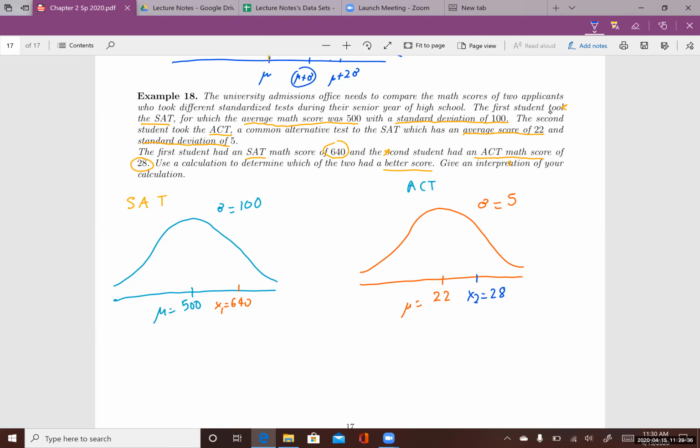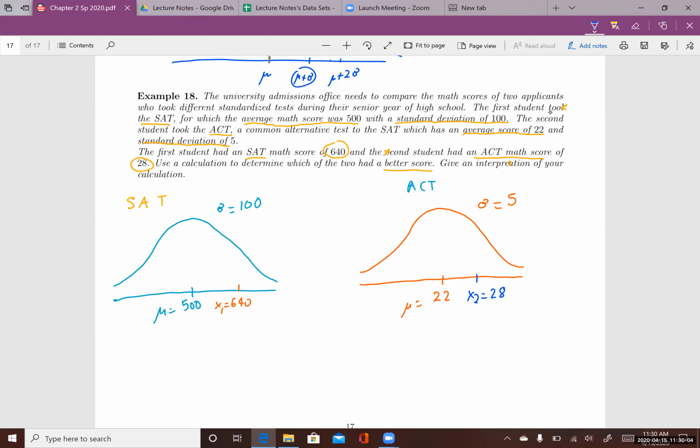We want to compare which student got a better score relative to the same math test. That means you want to find how far away each of these test scores is from the mean.